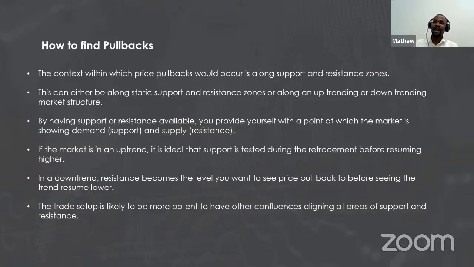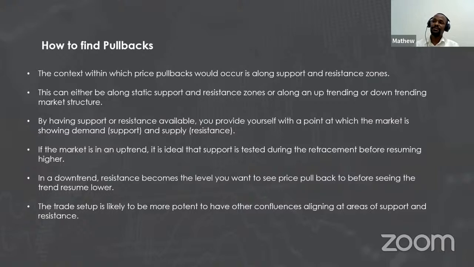Okay, so having support or resistance available will give you an idea where there is strong demand, especially at the support level, or where there's strong supply, especially at the resistance area. So when those areas have been surpassed, then it means that the demand is no longer sustained, or supply is no longer sustained at that level.